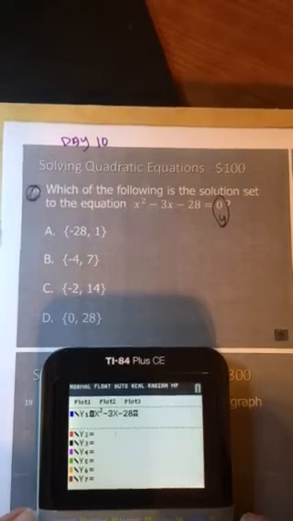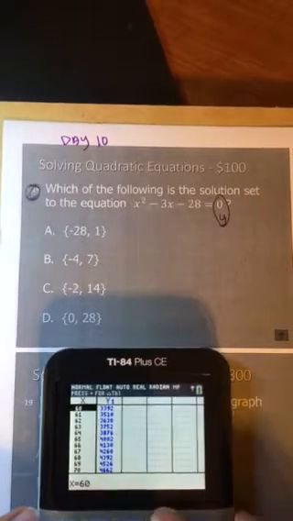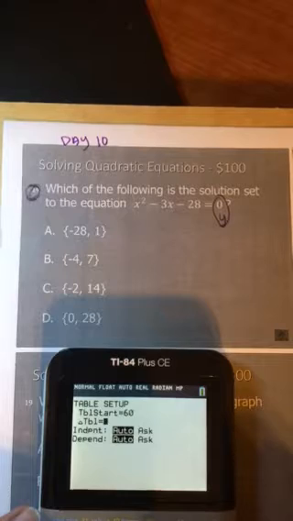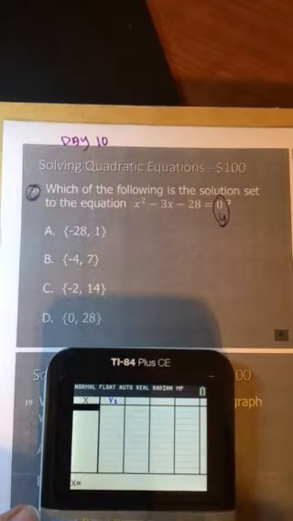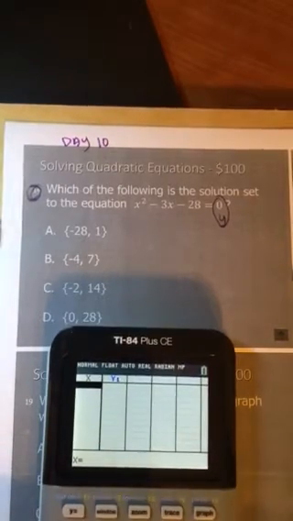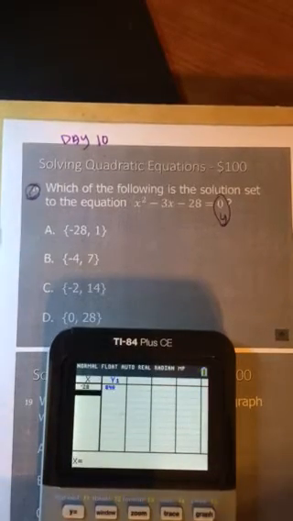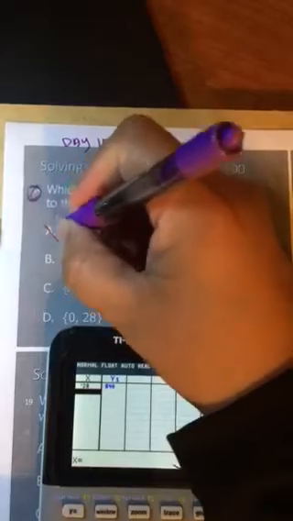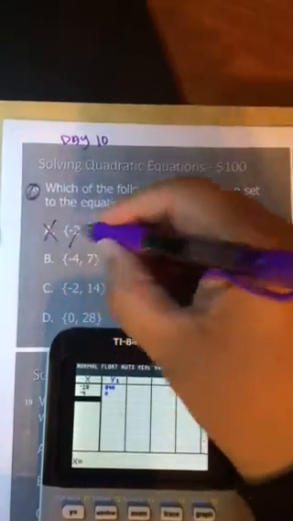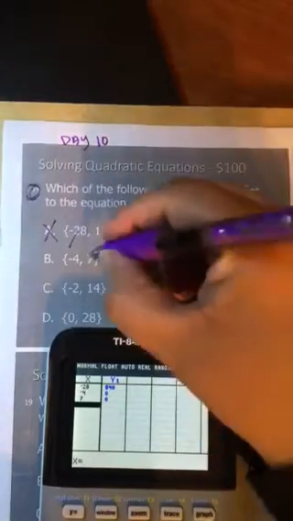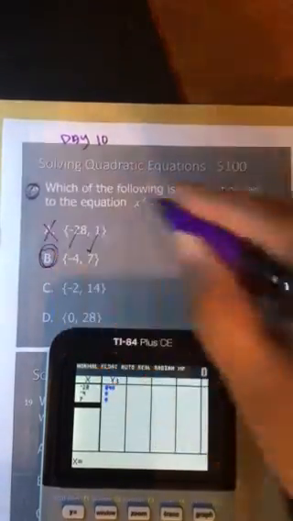So I'm going to go to second graph, go to the table, and to save time, I'm going to make it go into ask, and ask specifically for these numbers. 28 isn't a 0, so I can cross that out. -4 checks, 7 checks, and there's our answer.